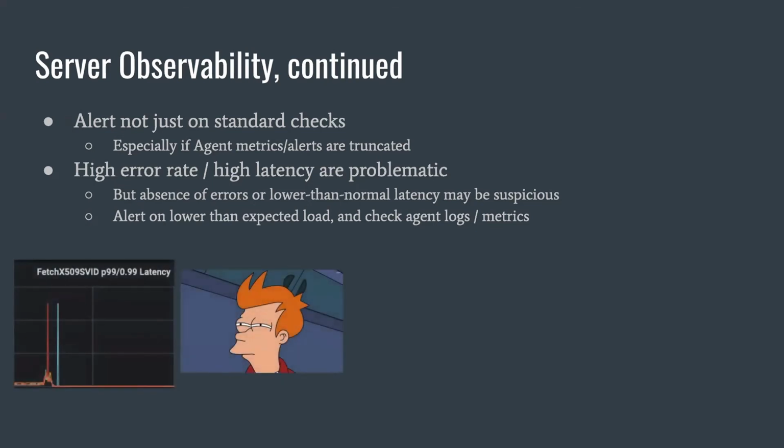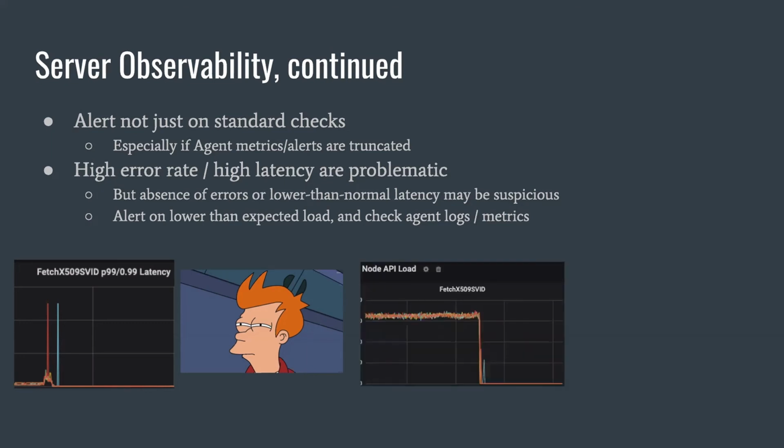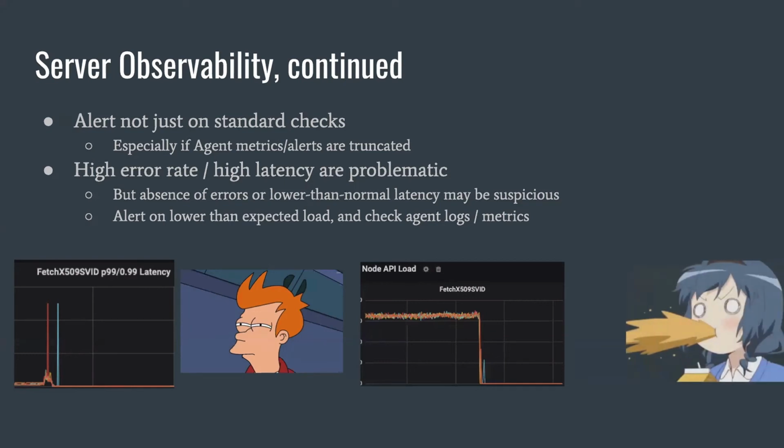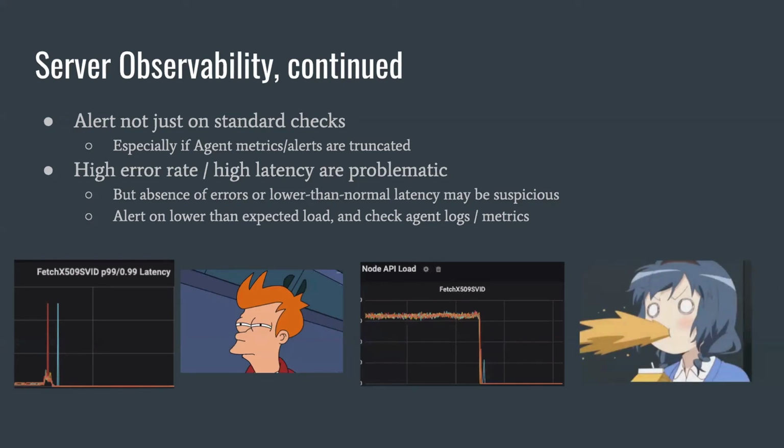One example we've had is that briefly fetch X509 latencies started timing out, and then they went down to below the original baseline for latency, which normally might look like, well, that's actually kind of nice. Maybe we changed something for the better. Well, not quite, because agents just stopped calling Spire server.